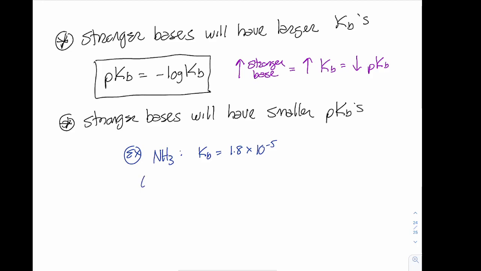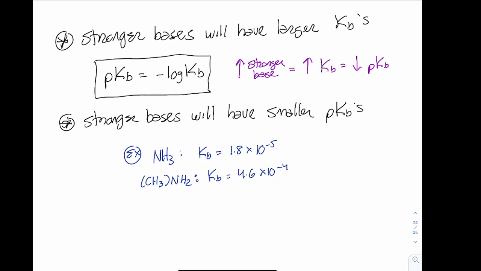Methylamine is going to be CH3, and I'm going to have a nitrogen, and then that nitrogen is going to be bonded to 2 hydrogen. So it's very similar to ammonia, it's just I'm replacing one of those hydrogen with a CH3 group. And its Kb is 4.6 times 10 to the negative fourth molar.